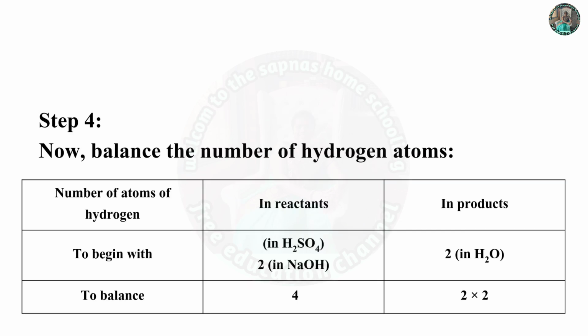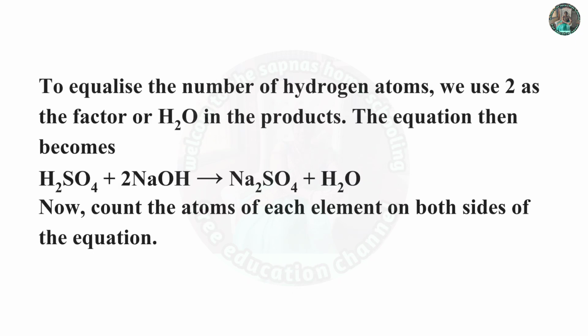Step 4. Now balance the number of hydrogen atoms, number of atoms of hydrogen in reactant and in product. To begin with, in reactant 4, in products 2, to balance, in product we have to multiply 2 into 2. To equalize the number of hydrogen atoms, we use 2 as the factor of H2O in the product. The equation then becomes H2SO4 plus 2NaOH is equal to Na2SO4 plus 2H2O.